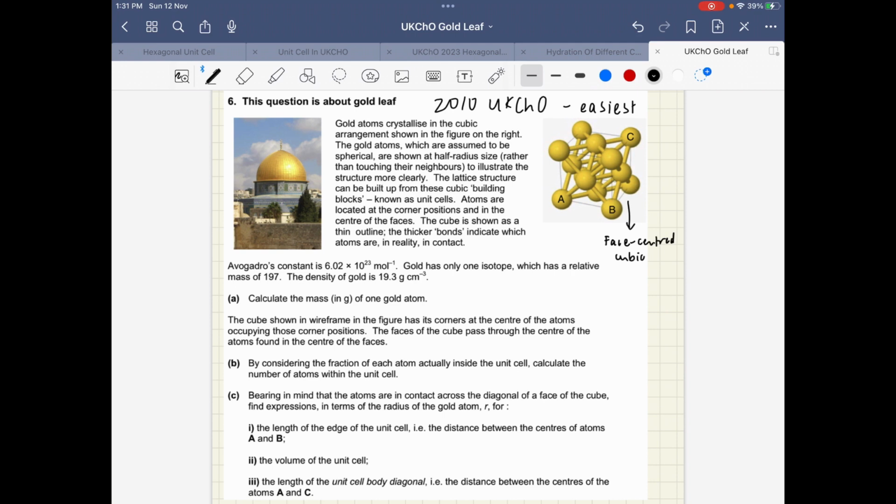So it means that all of the faces are occupied by one of the gold atoms. This is on the face, so I'll label it face. And then we have another one at the back.